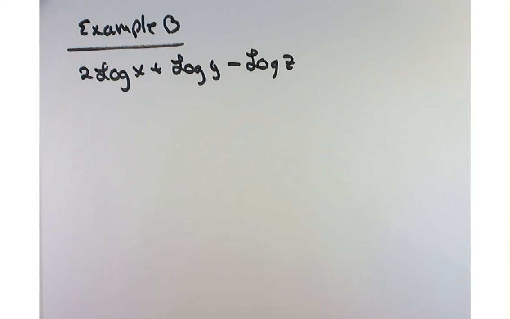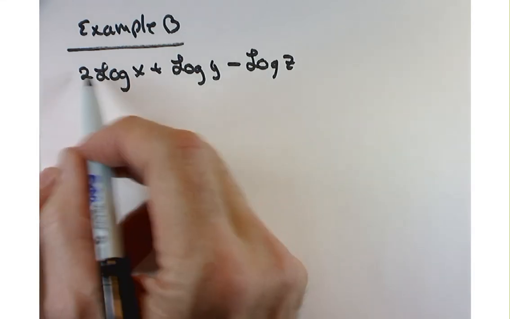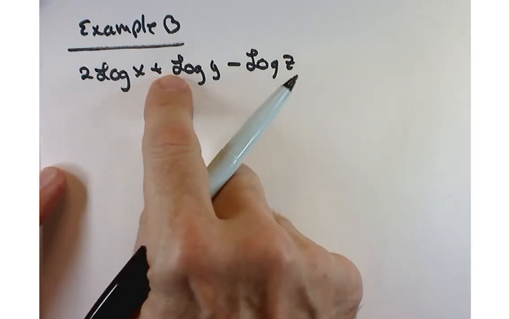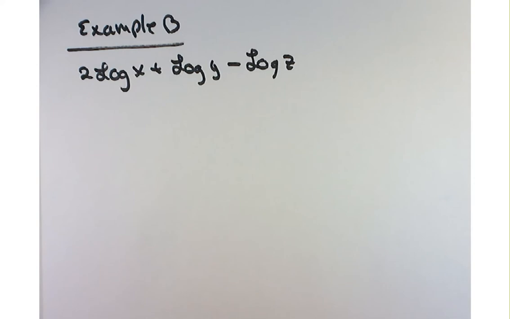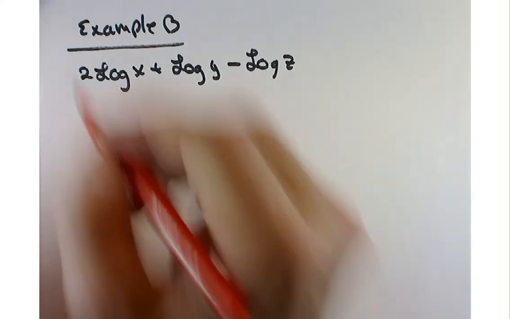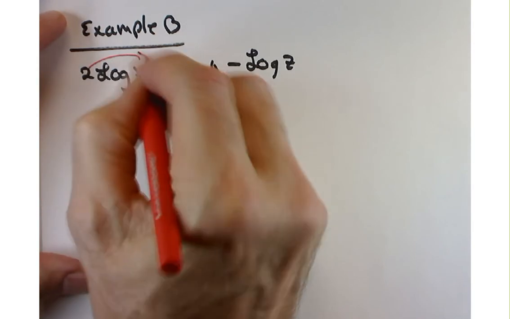Now, in order to use our formulas, what I need to do is I need to have the coefficient of 1 on all these logarithmic terms. Now, there's a coefficient of 1 there, but there's not one here and there's not one here. So to get a coefficient of 1, I'm going to use my power rule in the opposite direction. So I'm going to take this and bring it up here.